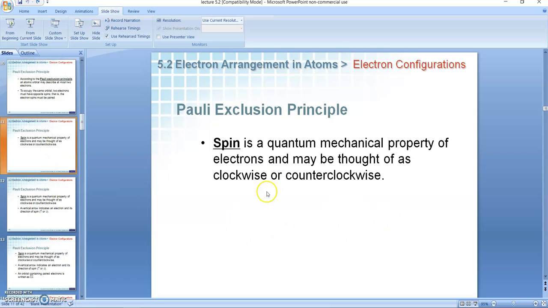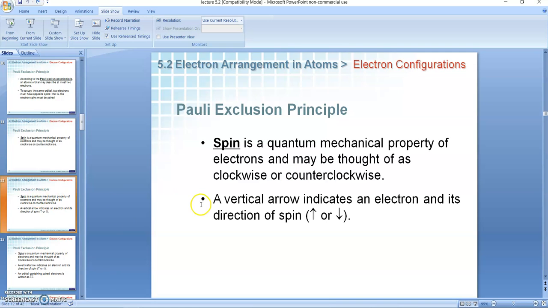In the next slide, they talk about spinning clockwise or counterclockwise, but the magnetic field then points up or down, and so we talk about an electron being spin up or spin down. So in that 1s orbital, you could put an electron that's spin up, you put a second electron that's spin down, but a third electron would have to repeat one of those 2 spin states, and you can't double up 2 spin ups or 2 spin downs.